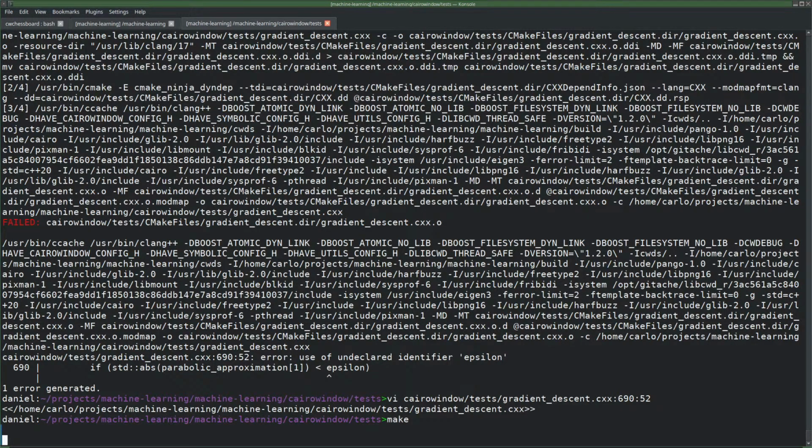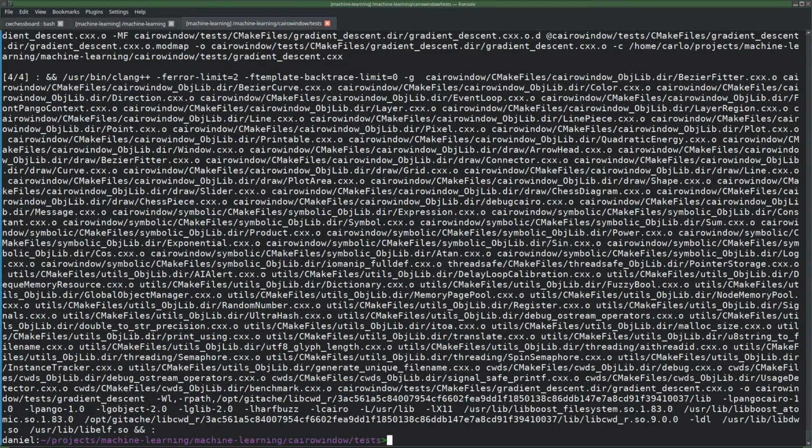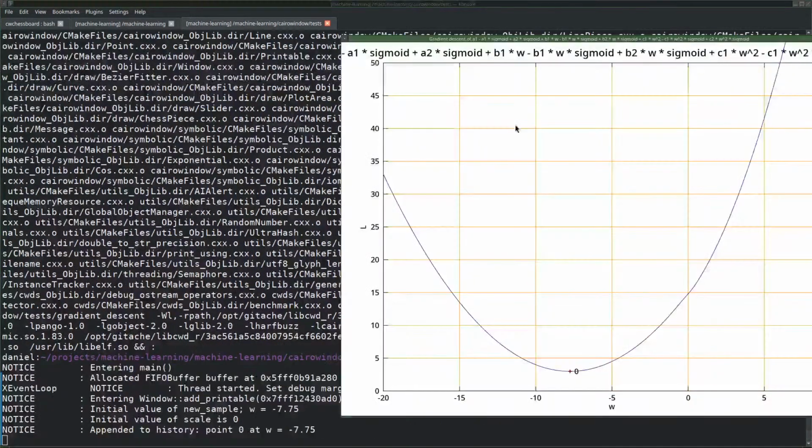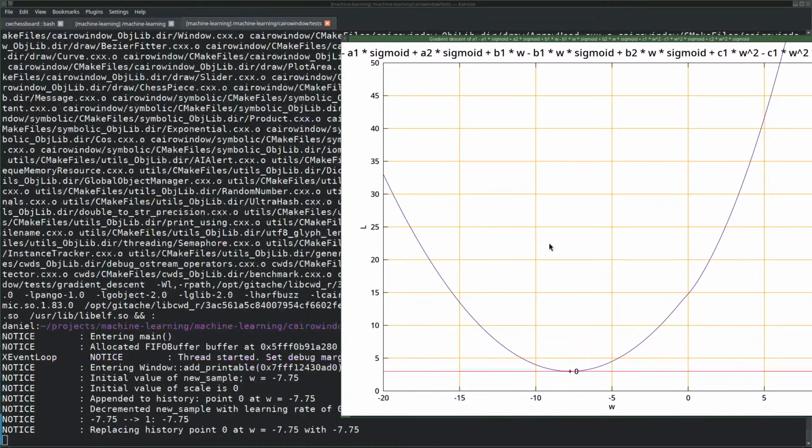Exciting drum roll. What will happen now? Ta-da! We are in the minimum. Okay, I'm going to press space and it's going to do ding. Nothing. It's not doing what I wanted. That's for sure.